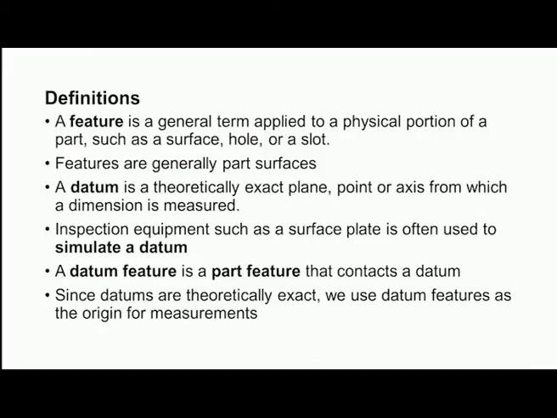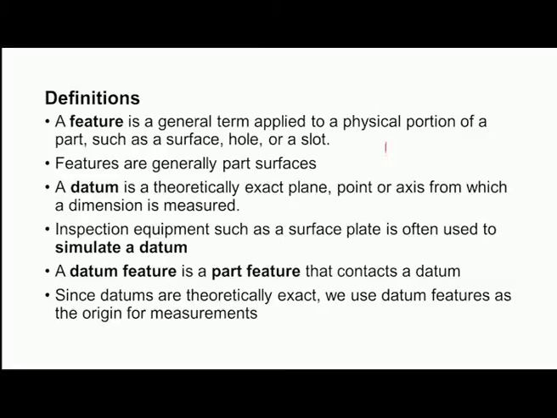Now let us try to understand the various definitions associated with geometric deviation measurement of the components. Many times we use the term feature. A feature is a general term applied to a physical portion of a component such as a surface or hole or a slot, and these features are generally part surfaces.